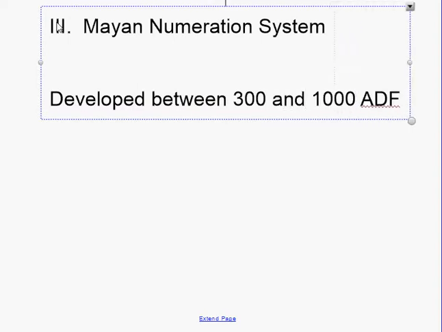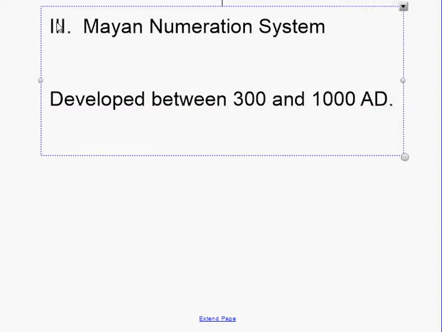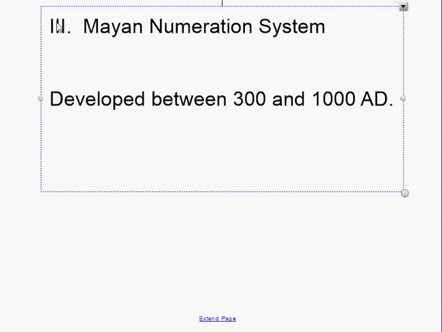I'm going to recommend that you go into chapter 4 and look at the symbols for the Mayan numeration system. Now, it is based on the number 360, which was the number of days in one calendar year for the Mayan calendar. The numerals in the Mayan system are written vertically.